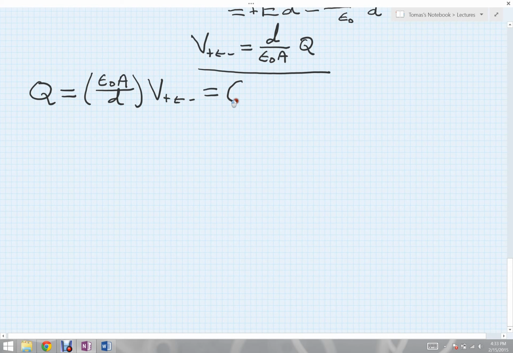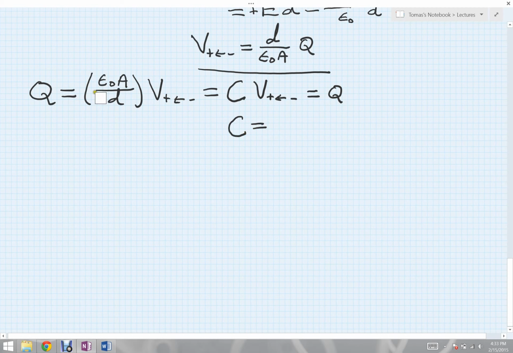A large value for this variable, typically called C, would mean that for a given voltage you have the capacity to store a large amount of charge. So we now have our classic characteristic equation to describe this circuit element, and we also have derived here the value for the capacitance.